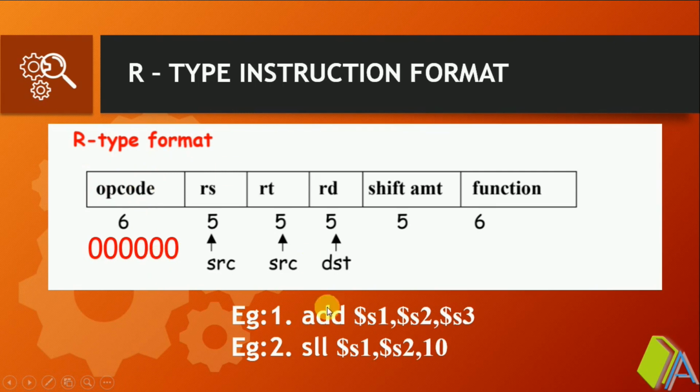The functionality, for example addition or shift left, can be understood with respect to the last 6-bit function field. These are the source and destination registers involved in that particular instruction, and if it is a shifting instruction, you will have some shift amount. So you have to keep in mind that for every R-type instruction format, the opcode is always 0. Now we can see the examples.